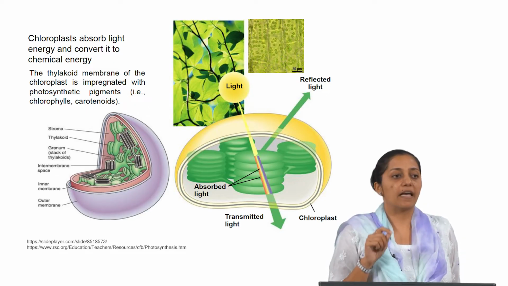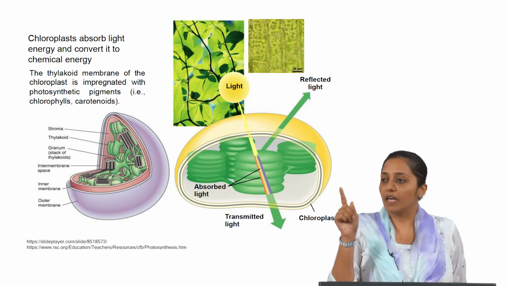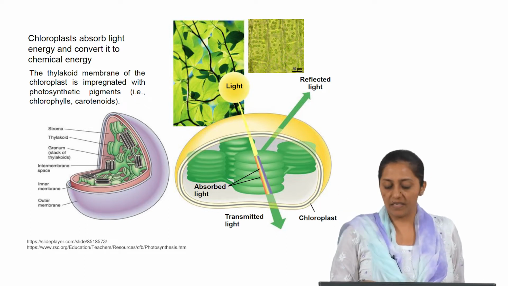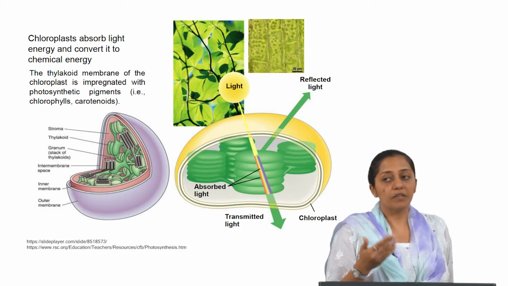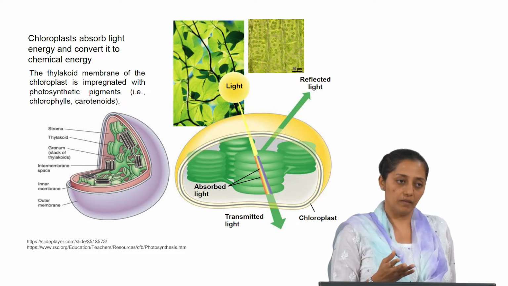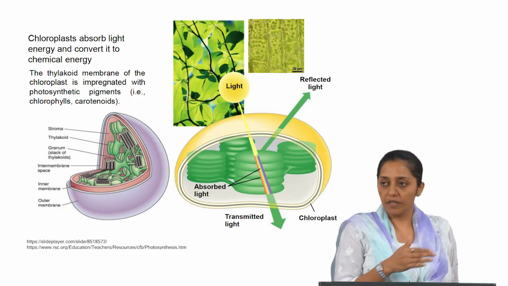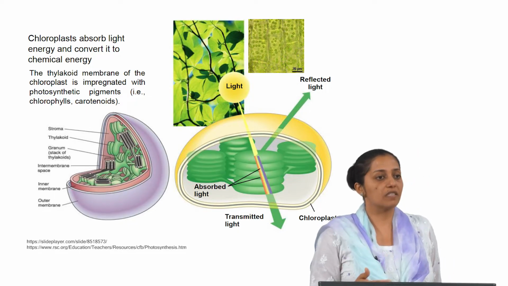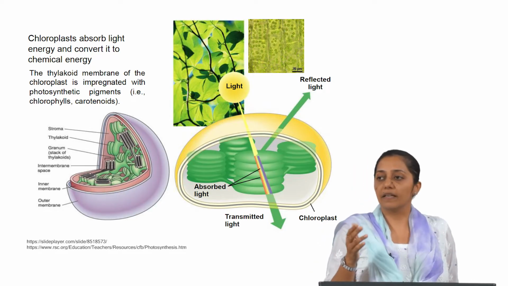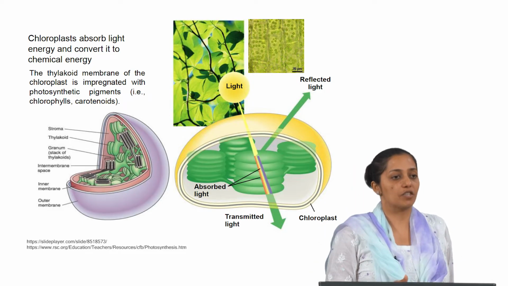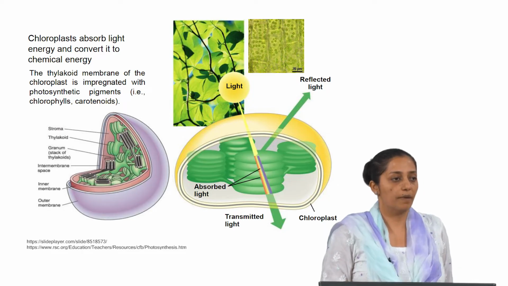Light reactions happen in the membrane of these thylakoids, these granular structures, and the carbon fixation happens at the stroma. The carbon dioxide diffuses in the stroma through the chloroplast, and it is transparent to light. Light can easily pass through the chloroplast membrane.